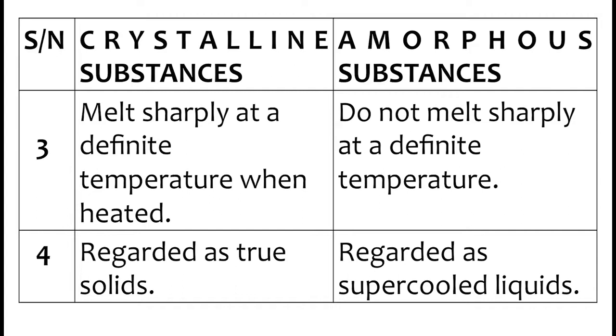That means they have a definite melting point. On the other hand, amorphous substances do not melt sharply at a definite temperature. They don't have a definite melting point.